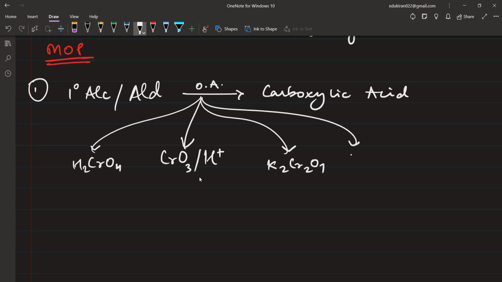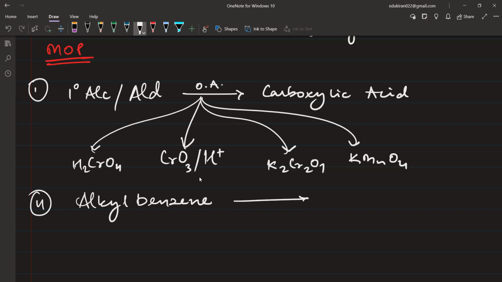You can also use KMnO4. All of these are strong oxidizing agents which are going to directly convert 1-degree alcohol or aldehyde to carboxylic acid. Next, one important one is the alkyl benzene. So from alkyl benzene, if you have KMnO4, there are 2 steps here.